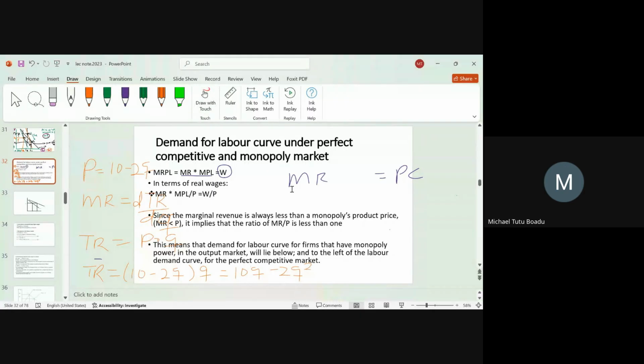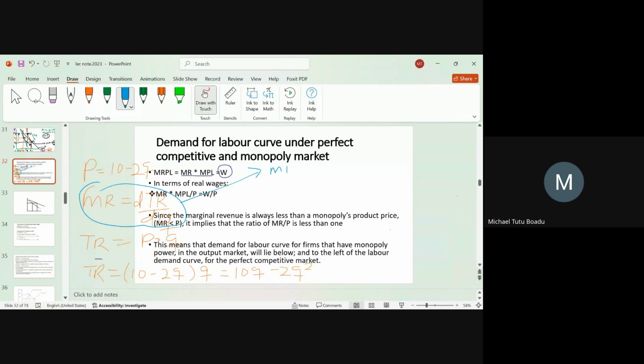Once you have the total revenue, you can now find the marginal revenue. So differentiate the total revenue function with respect to quantity. This is the marginal revenue. Apply the formula. Differentiate the total revenue: Q is raised to the power 1.